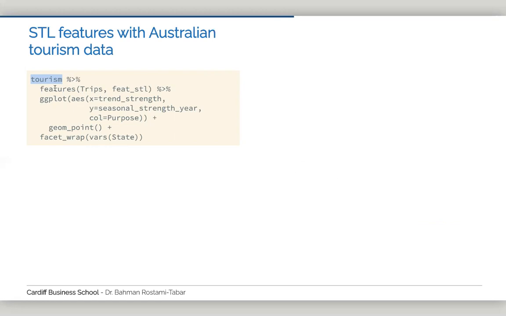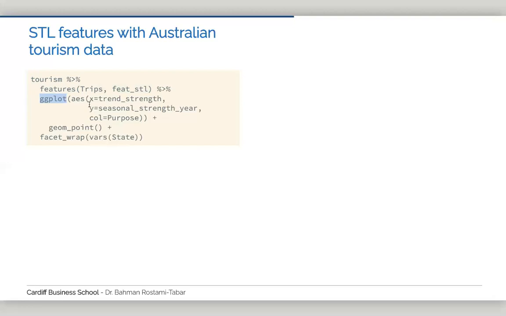What we do is, again, we extract the features based on STL, and then we use ggplot. One important thing to emphasize here is that because the output of this function is a tibble, it's very easy to work with tidyverse functions, ggplot, dplyr, and any other package in the tidyverse. Here we want to plot the trend against seasonality for all the time series in our tourism data set.